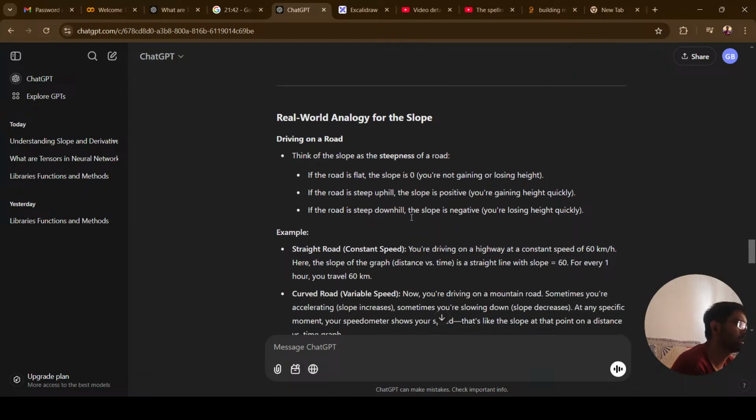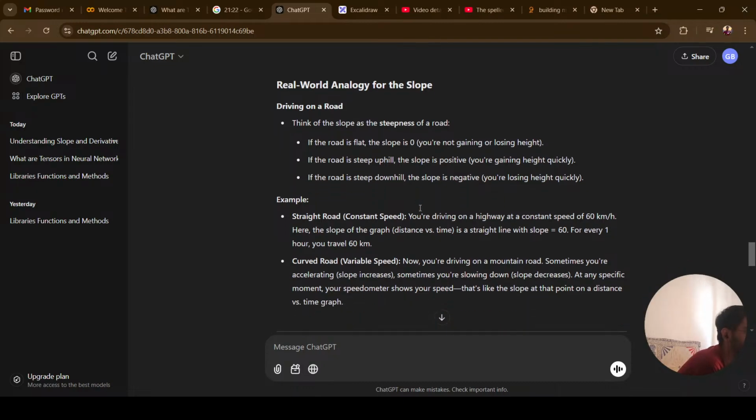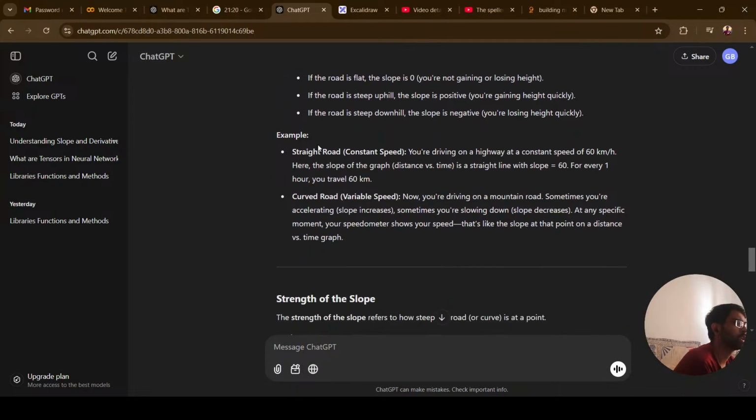A real world analogy for the slope: think of the slope as the steepness of a road. If the road is flat, the slope is zero. You are not gaining or losing height. If the road is steep uphill, the slope is positive. You are gaining height quickly. If the road is steep down, you are losing height quickly. Yes. Okay.